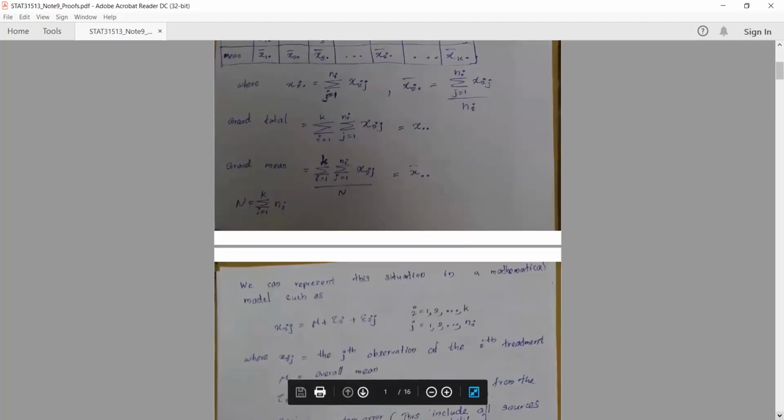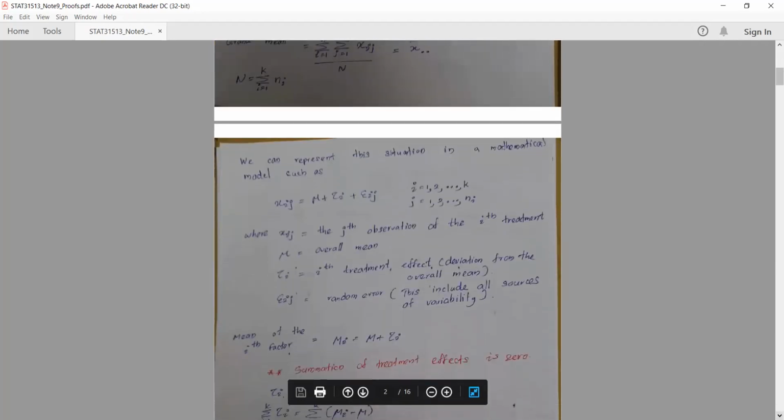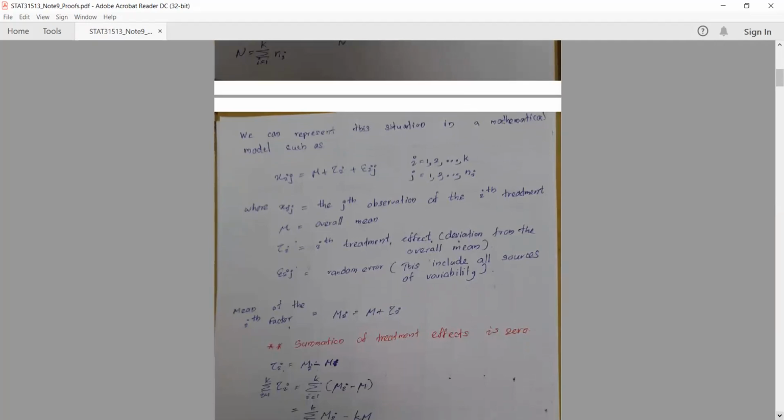We actually discussed two mathematical models, the treatment mean model and the treatment effect model. If you remember, in the treatment mean model, you have xij equal to mu i plus the error term. But in the treatment effect model, our observation xij is equal to mu plus tau i plus the error term.